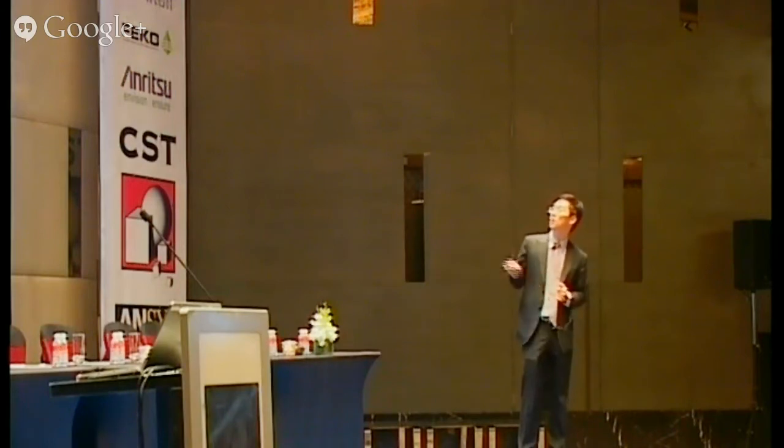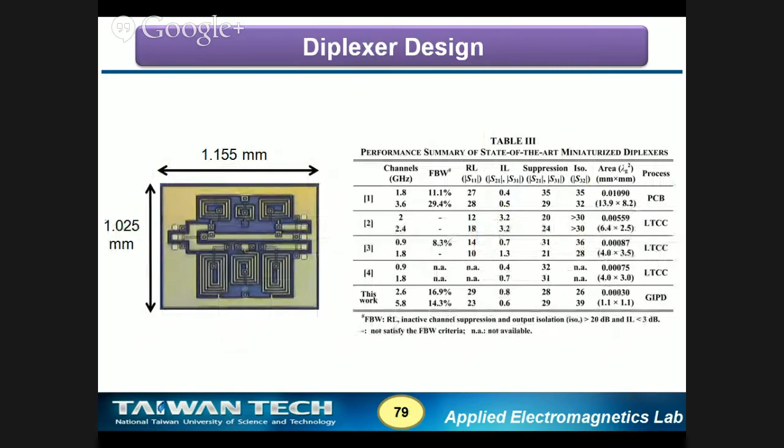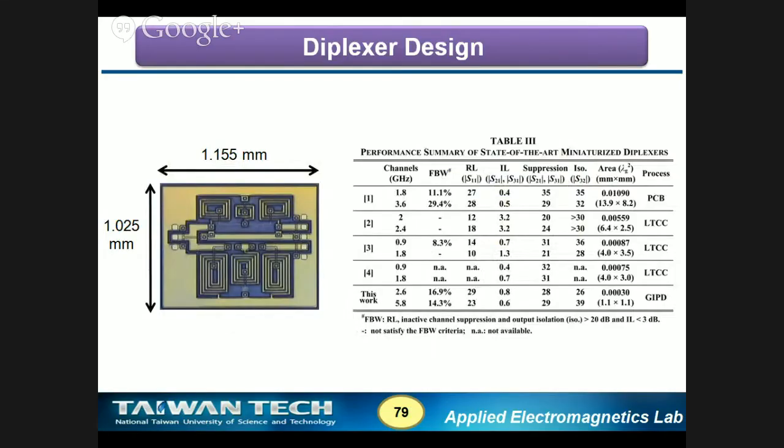The most important of all, in general, the way we develop our seamless transmission line and our circuit in general will give a very, very compact size. For example, the size of this design is less than half of the second smallest one we can find in the literature.